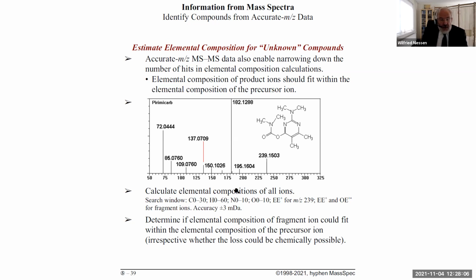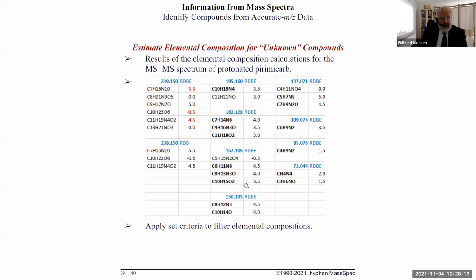So what I'm going to do is calculate possible elemental compositions for all these ions. And I start by doing it for the precursor ion. And basically I get 6 hits. And then I say, oh, wait, all the hits where I have the RDBE which is an integer, these will be odd electron ions.